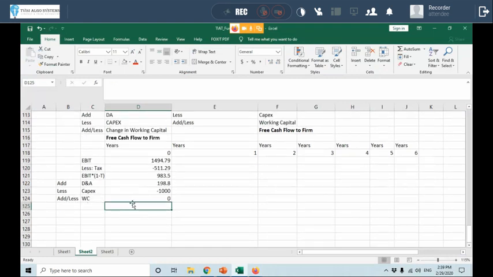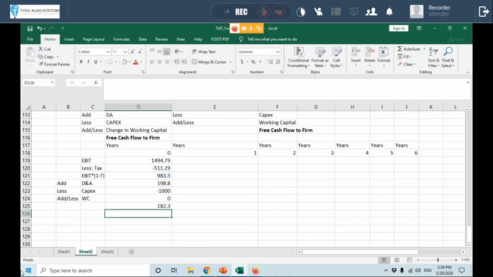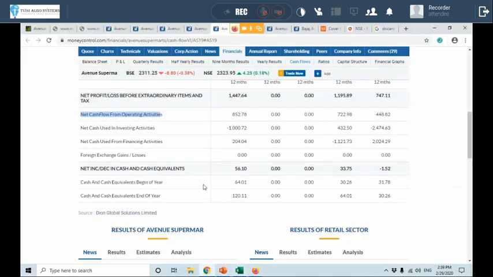Let's look at free cash flows of the company. It is negative right now. It's EBIT plus my depreciation and amortization, deducting my capex and deducting my working capital. So this is my free cash flow. I know it is very less, but let's see.